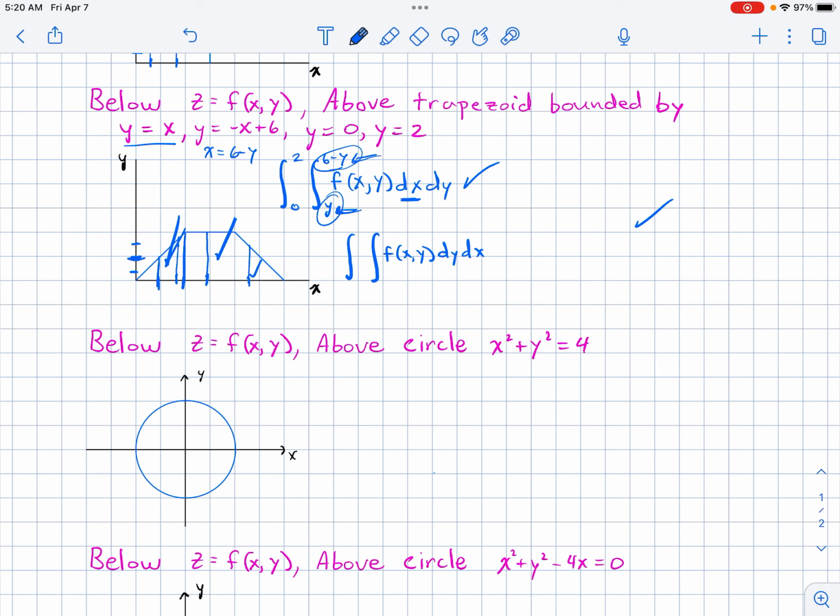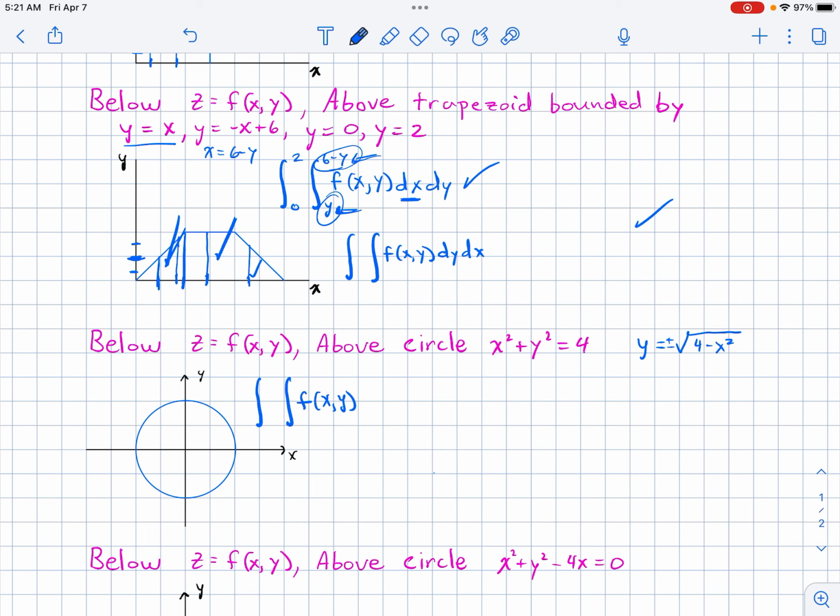This is an example where we're going to want to use polar, but let's just set it up with rectangular first. I've got my height here, f of x y, and I'm going to integrate, it doesn't matter with respect to x or y, but notice on this one, let me just solve for y, and I get plus or minus the square root of 4 minus x squared.